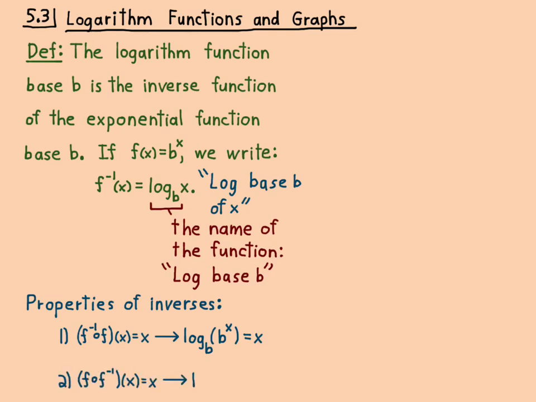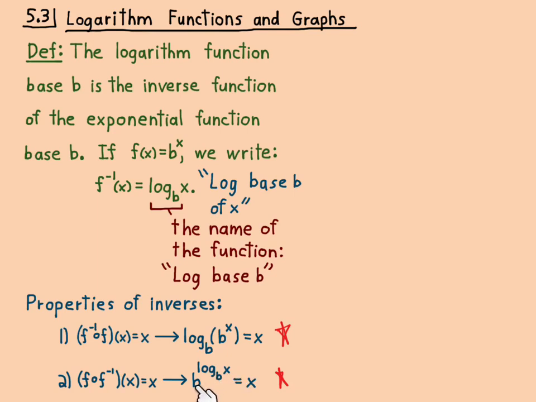Composing these two the other direction, f composed with f inverse of x equals x, which is just switching f and f inverse. You get b to the power of log base b of x equals x.